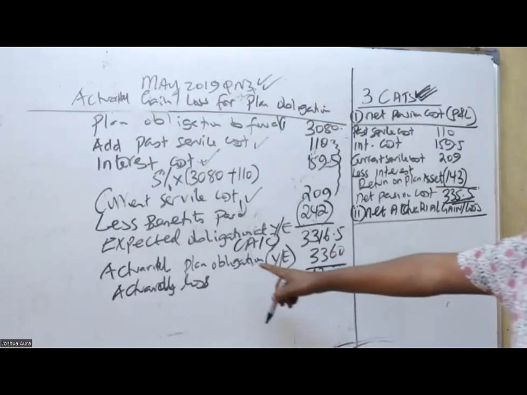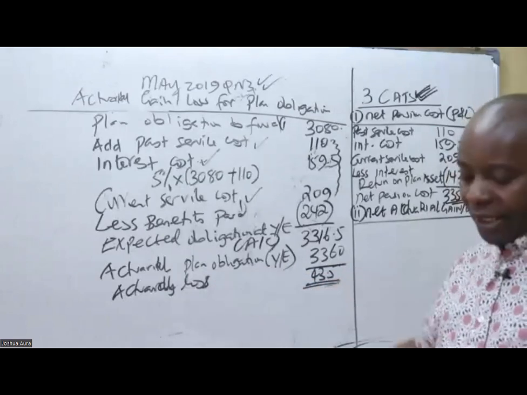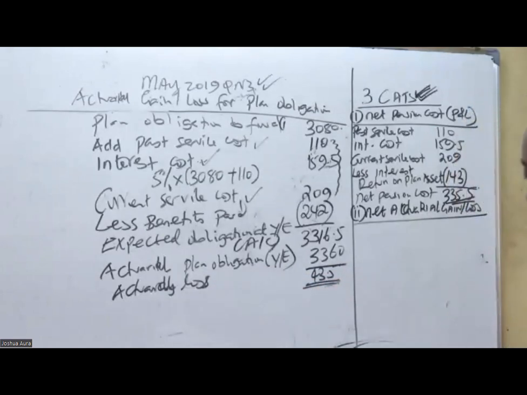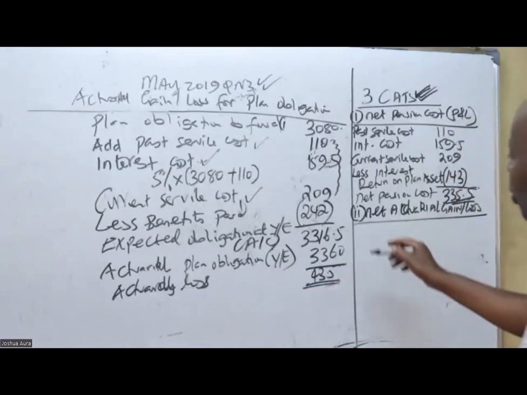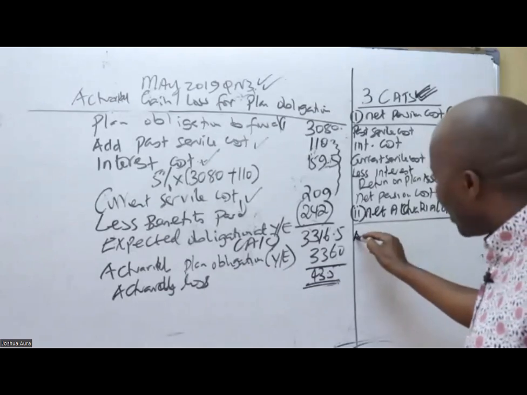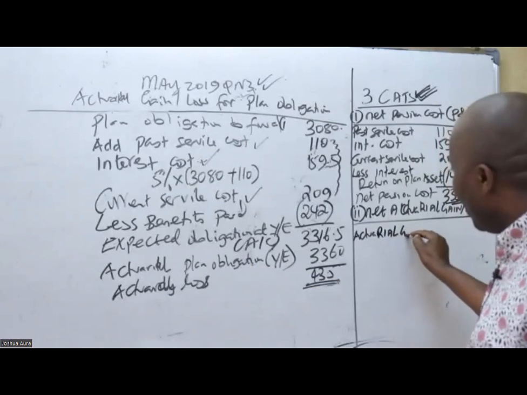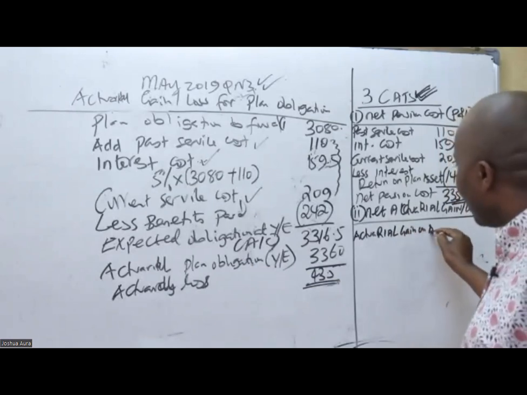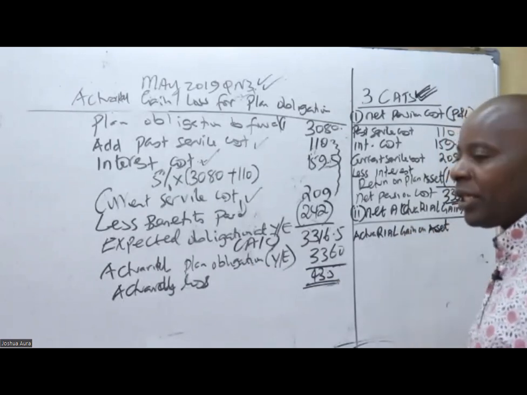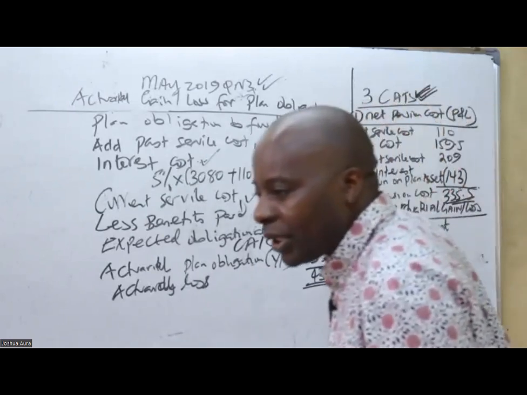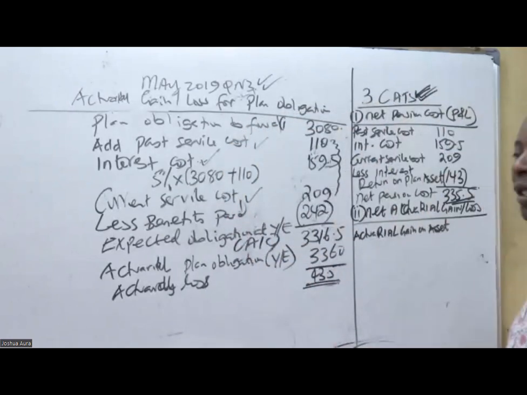Remember, you had the actuarial gain on asset mentioned there. Do you remember that actuarial gain that we got? It is 93.